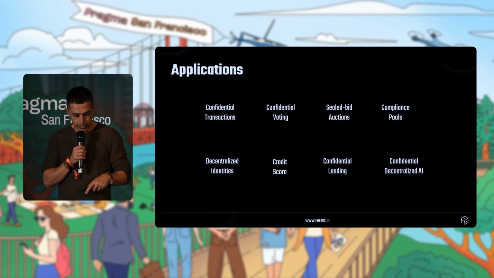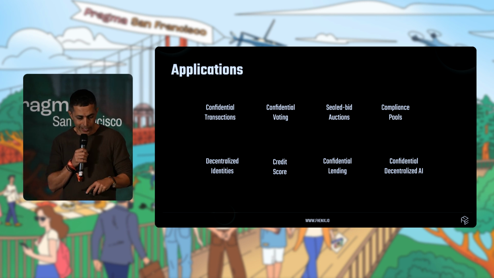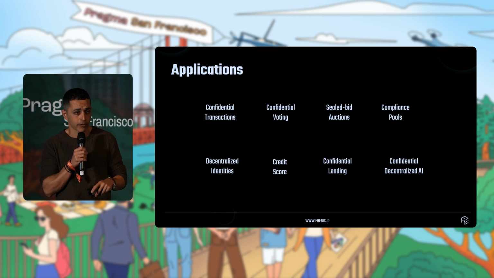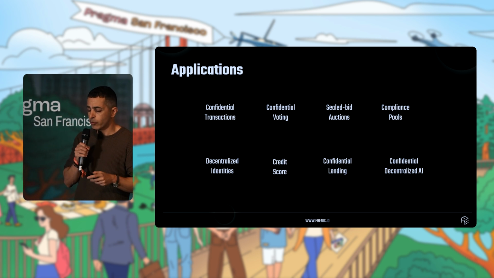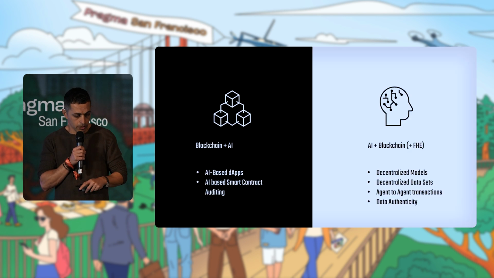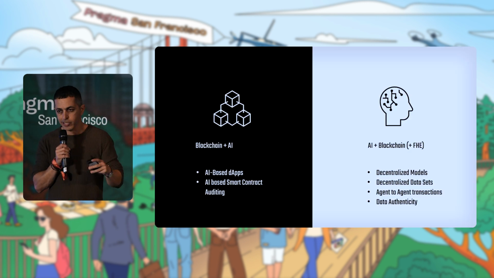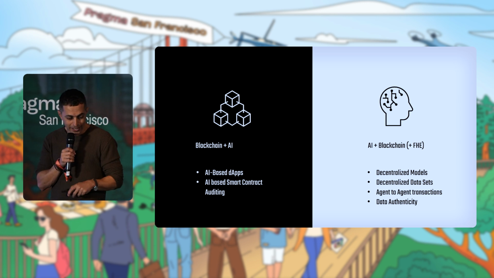And then lastly, I'm going to take a few minutes just to talk about confidential AI, just because I know there is a lot of interest in it, and at most of the conferences, people ask me about verifiable AI and where AI is with blockchain and with FHE. So when we think about blockchains and AI, I typically like to look at it as we have blockchain and AI, and we have AI and blockchain.